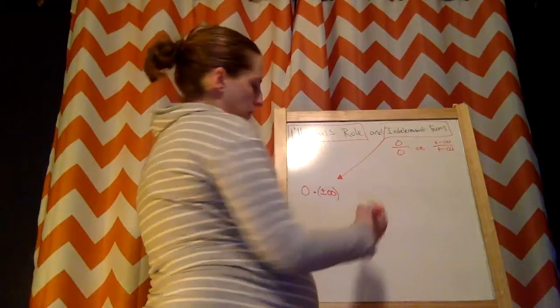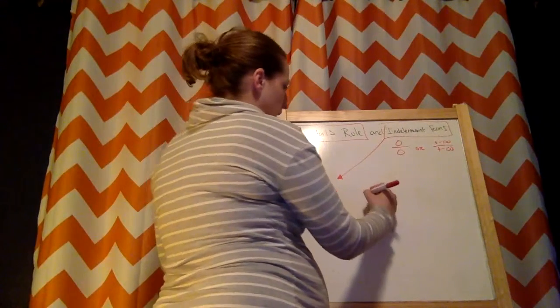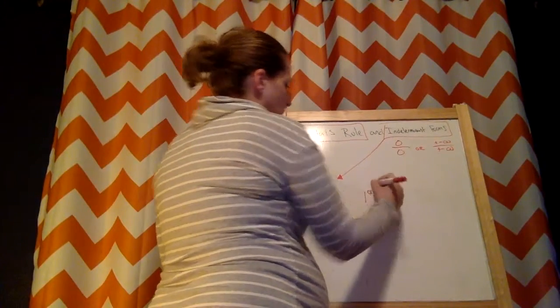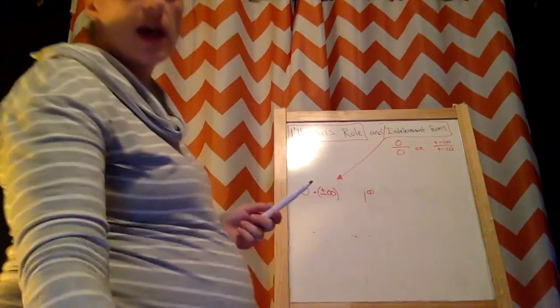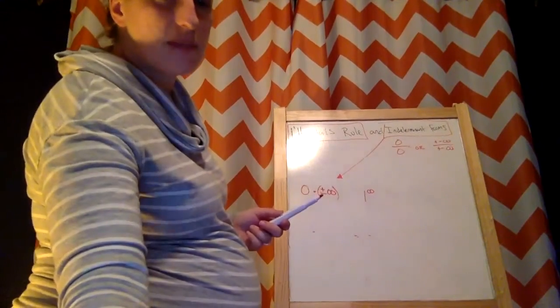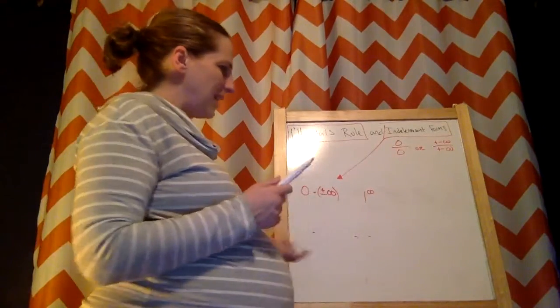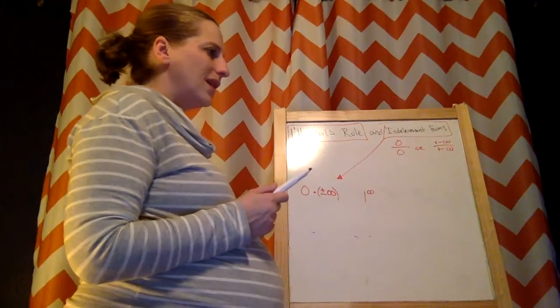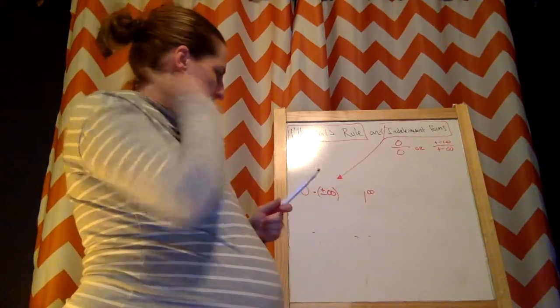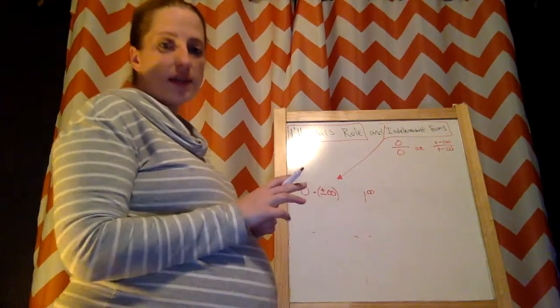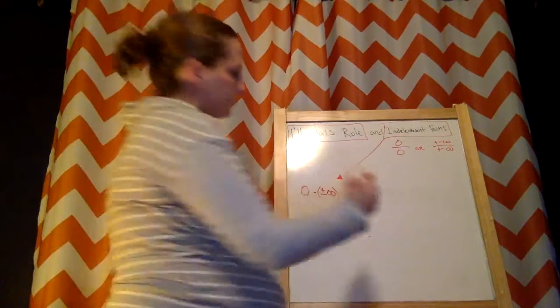Similarly, other indeterminate forms include things like 1 to the infinity. Now, 1 to the infinity seems kind of straightforward, right? Isn't 1 to anything 1? Well, things get a little weird when we throw that infinity in. So 1 to the infinity is another indeterminate form.